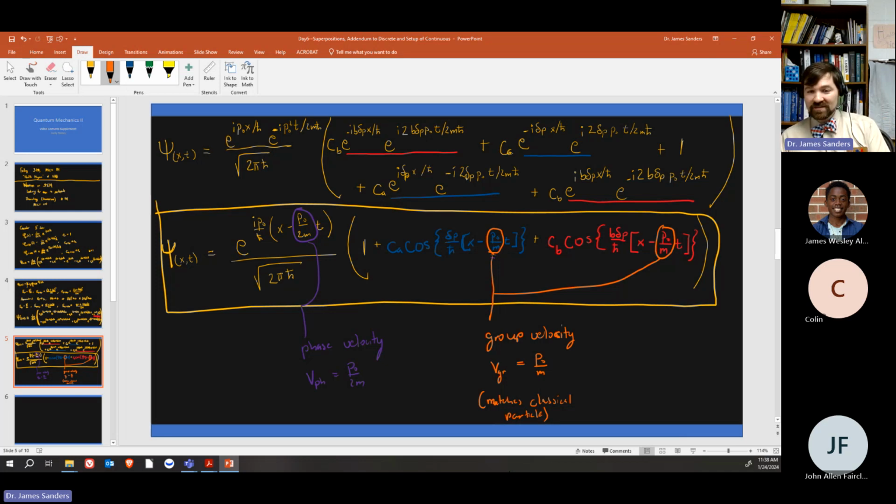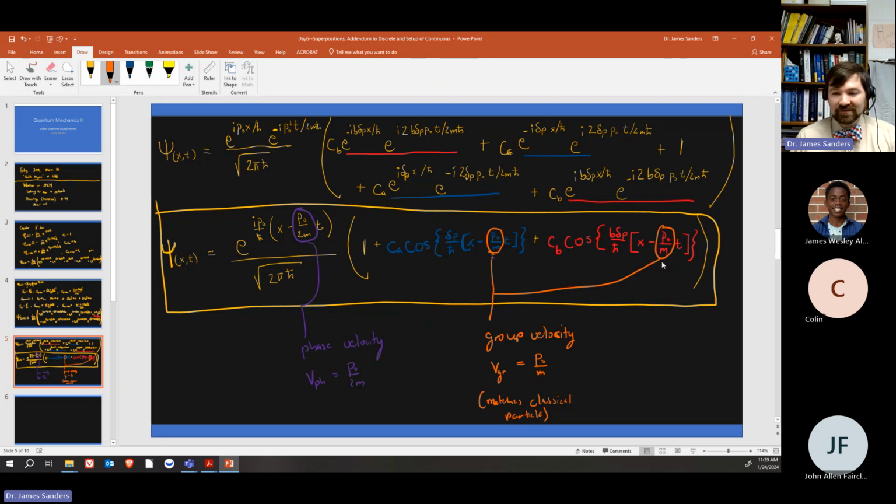And I did this very arbitrarily for the 5. You could imagine trying it again with the 7. So maybe you have a B and a D term, or some other side peak, and you essentially get plus C sub D cosine of D delta P over h bar times x minus p naught over m t. And then the next one, your next coefficient and so on.